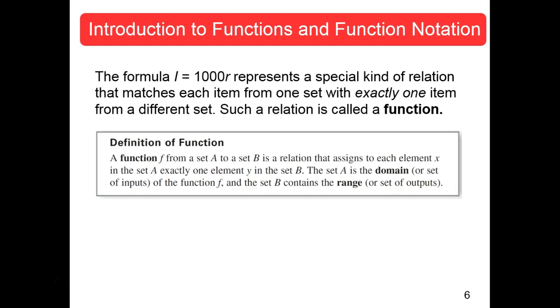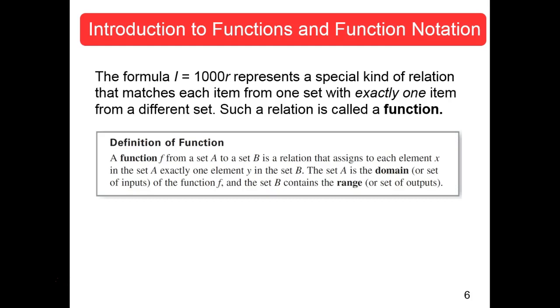That's all the possible values you can choose from. The set B is called the set of outputs of the function F. And the set B, that's the cost, the interest, whatever, is the range, all the possible outputs, okay?